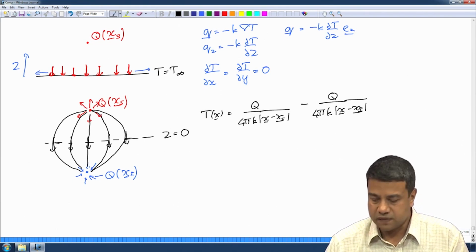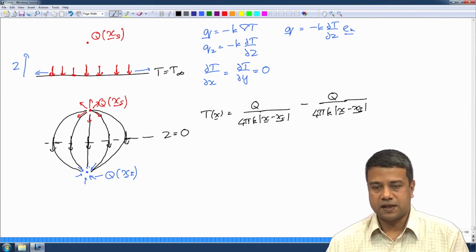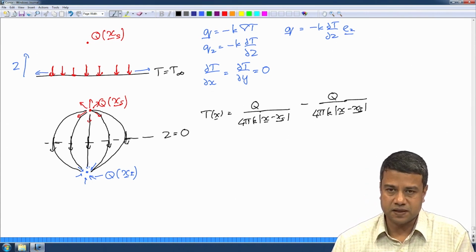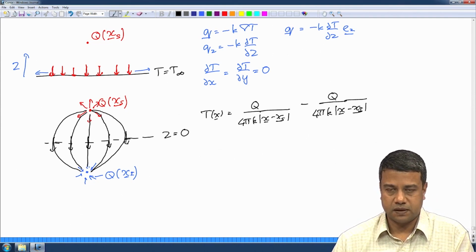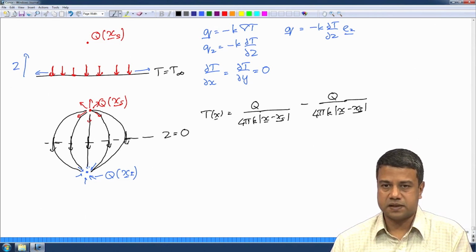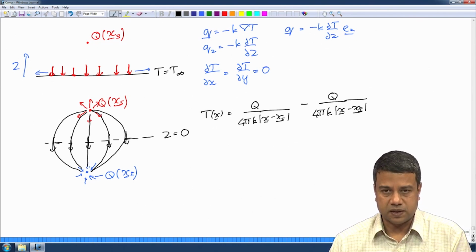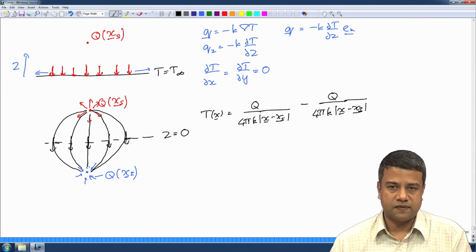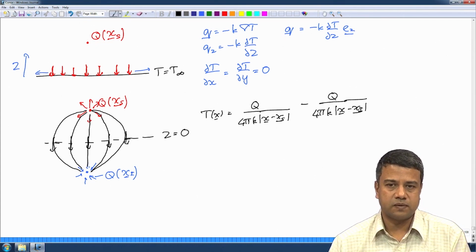Solve that problem and you will get the correct temperature field in the physical space, which is basically the upper half space. So, this method of images can be used effectively to represent boundaries. In this case they are just flat boundaries, but they can be used even in more complicated cases.